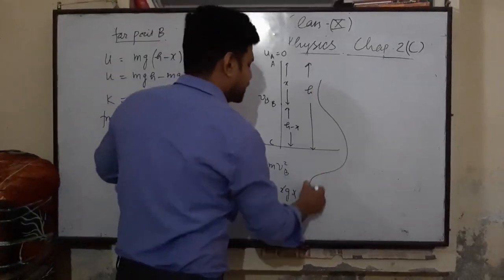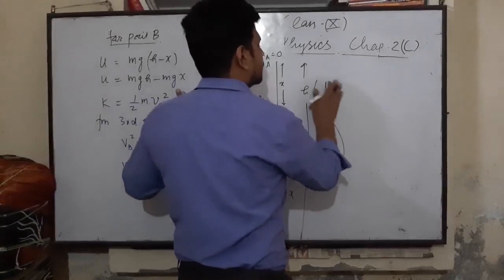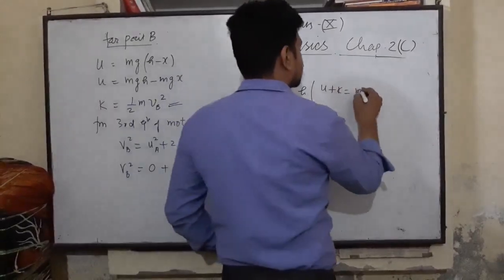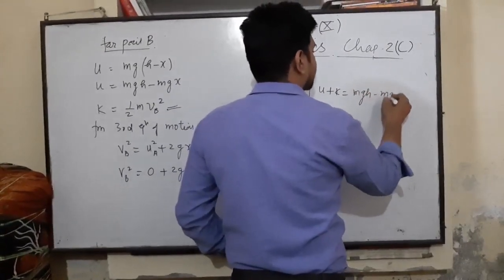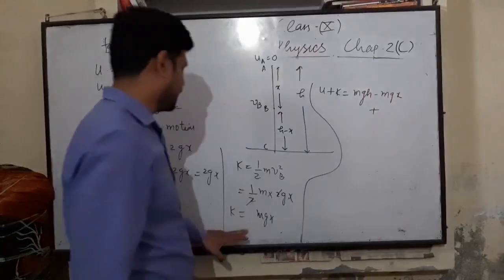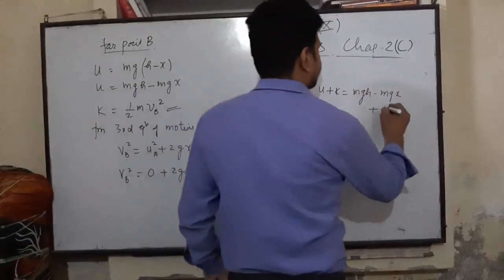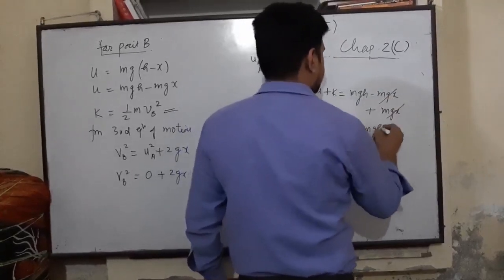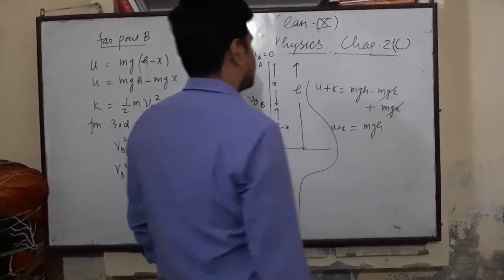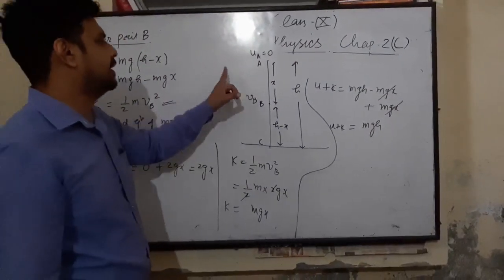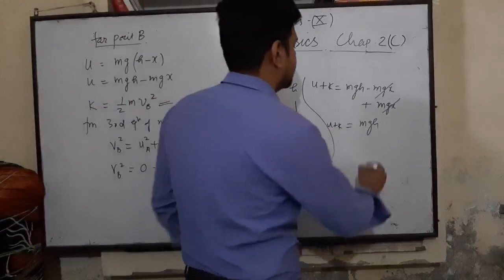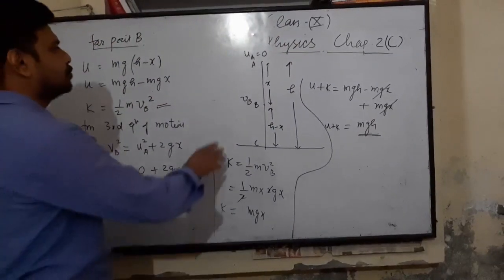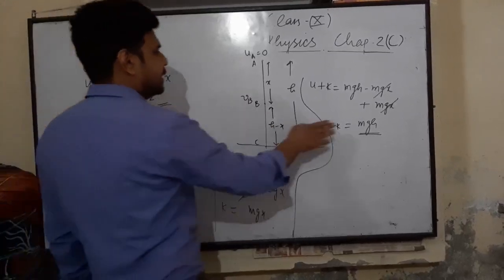So the total energy at point B, U plus K, is mgh minus mgx plus mgx. Cancel mgx with mgx, it is mgh. Now we can see the total energy at point A and point B is mgh. The sum of potential and kinetic energy at both points A and B is mgh.